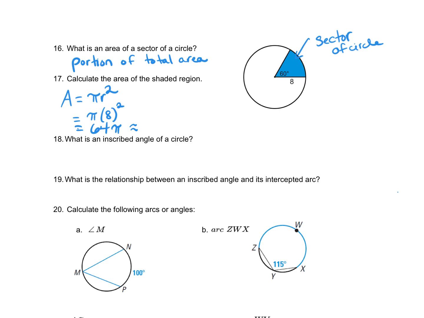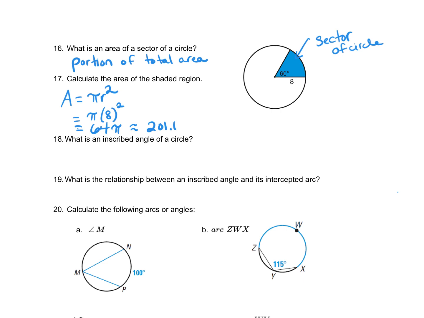Let me get my calculator. 64 times pi is equal to 201.06, or we'll round it to 201.1.